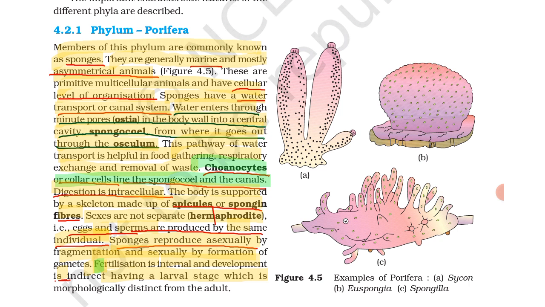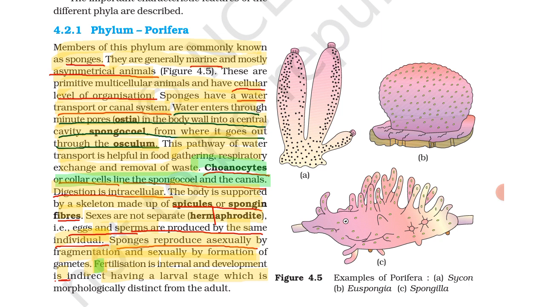As soon as the water enters through the ostia into the body cavity, this body cavity is called spongocoel, and the water comes out through the osculum. When the water enters the body cavity through the ostia, the cavity is called spongocoel, and when that water comes out, it is through the osculum.